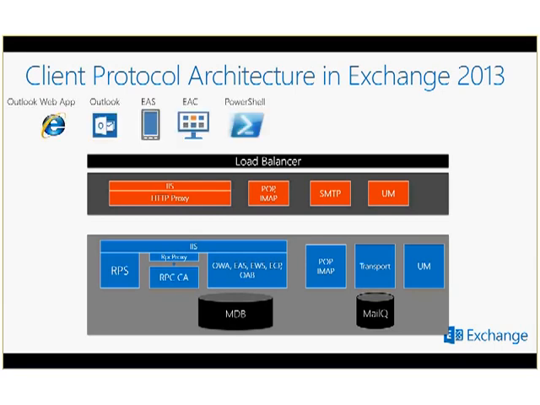So the majority of the protocols that you're all familiar with, Outlook Web App, Outlook, ActiveSync, Exchange Admin Center, what used to be called ECP in 2010, and also Remote PowerShell, all of these would come through your load balancer. We'll talk a little later about how the load balancer in 2013 is actually no longer required to be a layer 7 load balancer. Now, you could still utilize one.